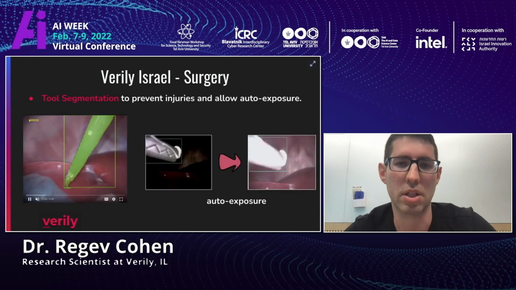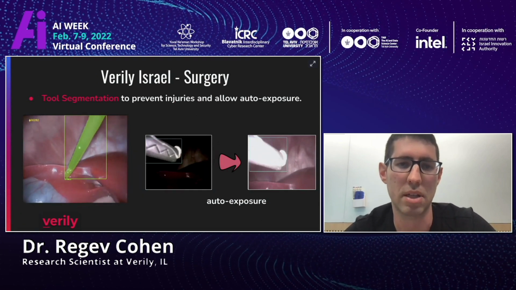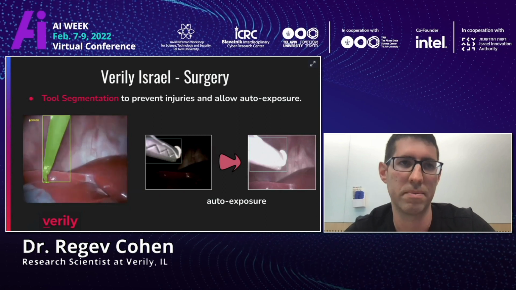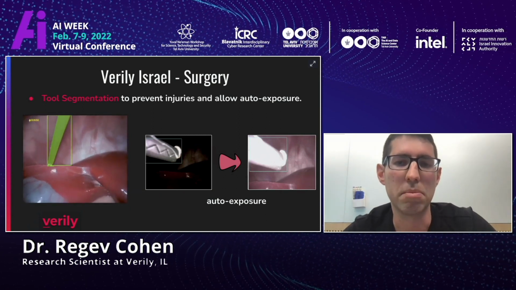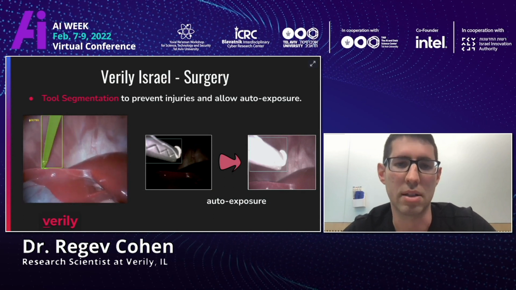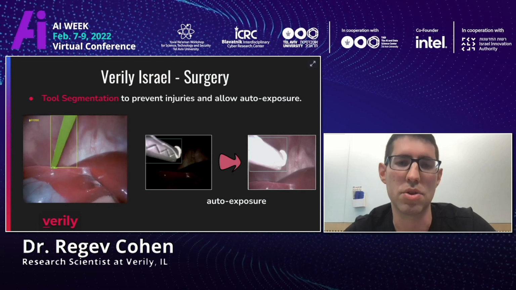Next, I move to surgery, where we develop tools for surgical procedures, such as our tool segmentation shown on the left. This tool allows us to turn the dark image in the middle into the bright image on the right, where the doctors can easily see the different organs and tissues.